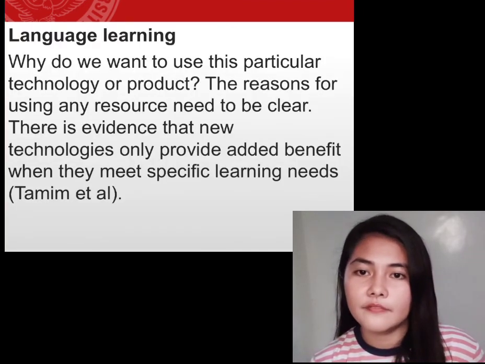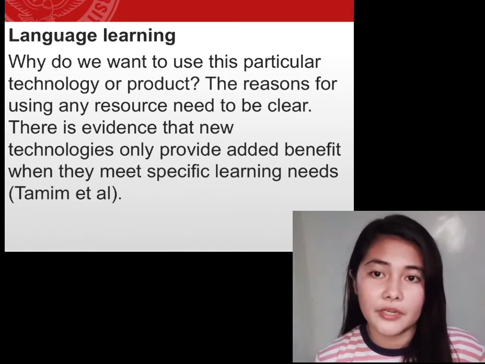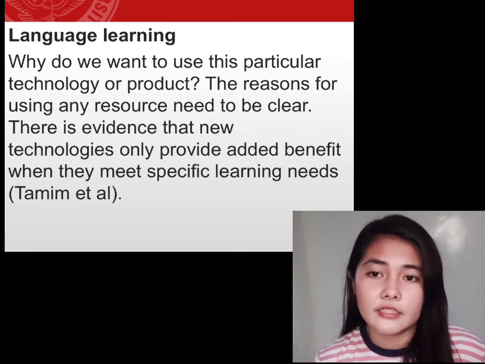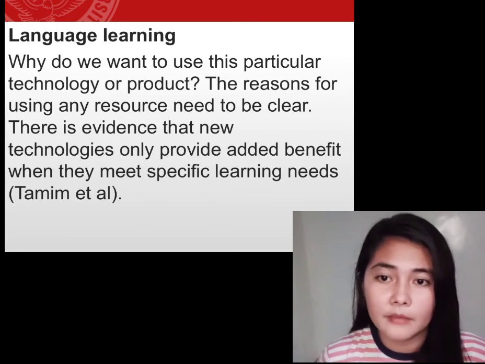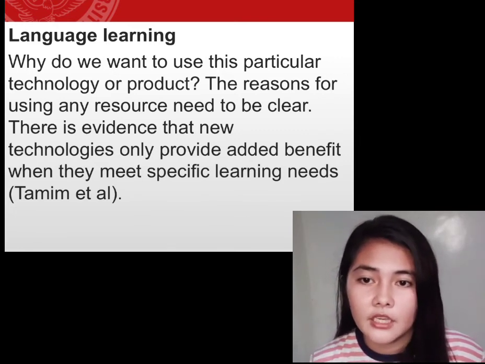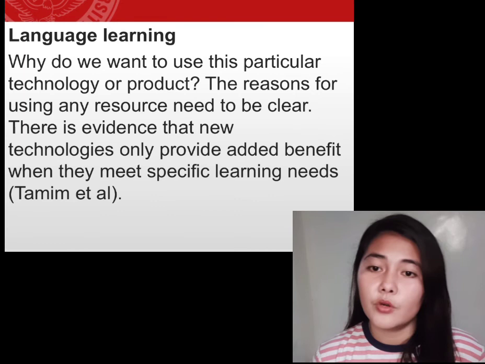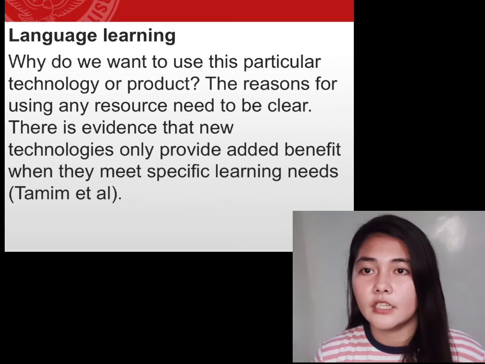So next we have language learning. Why do we want to use this particular technology or product? The reasons for using any resource need to be clear. There is evidence that new technologies only provide added benefit when they meet specific learning needs. This is from Tamin et al.